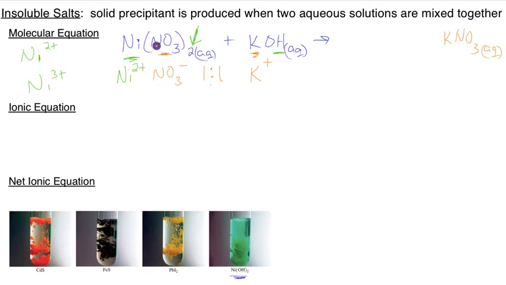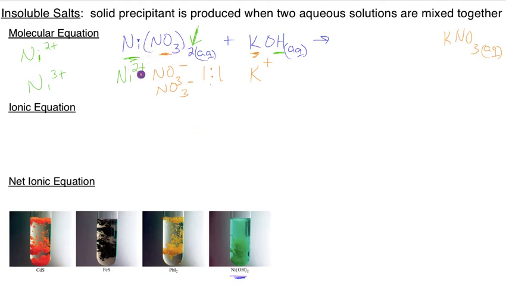Let's break this down a little bit, and we'll do it again with the ionic formula. What does that 2 mean? That 2 means that there are 2 nitrates in this formula. Notice now it has a -2 charge. Why does it have a -2 charge? It's because it needs to cancel out the full +2 charge on that single nickel cation. That's why there's only one nickel cation in that formula.